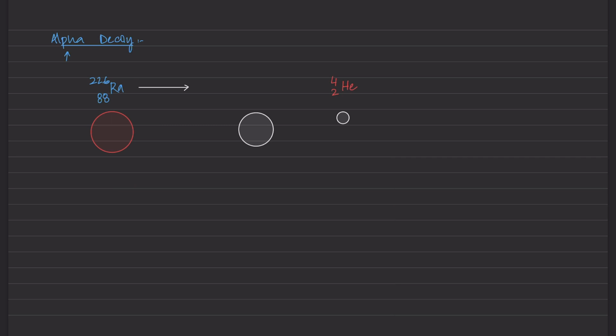Whenever there's alpha decay taking place, there is a decrease in the nucleon number by 4. As for the proton number, it kicks out 2 protons, and it kicks out 2 neutrons. So whenever we have alpha decay, the element will be short of 2 in the proton number, and the nucleon number goes lower by 4.